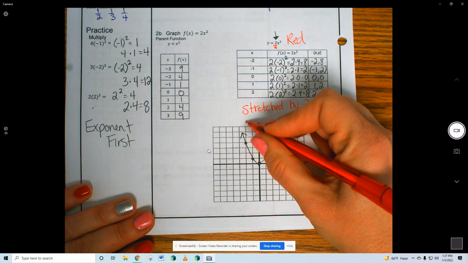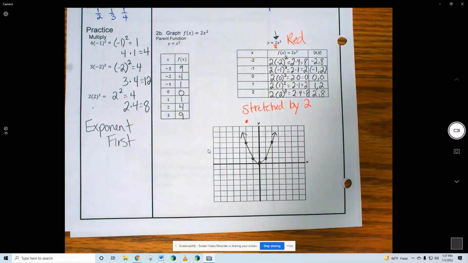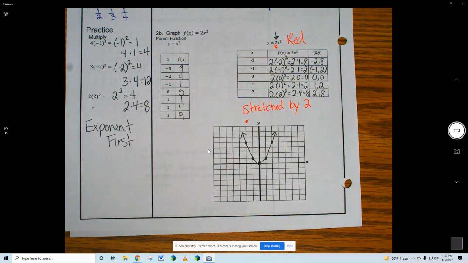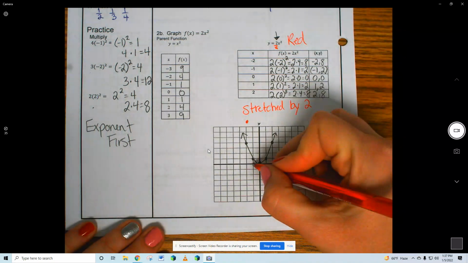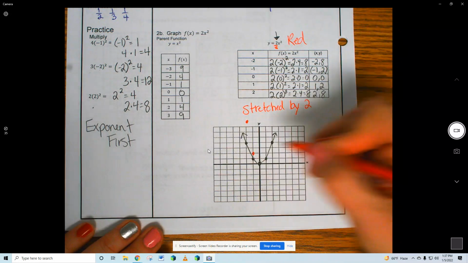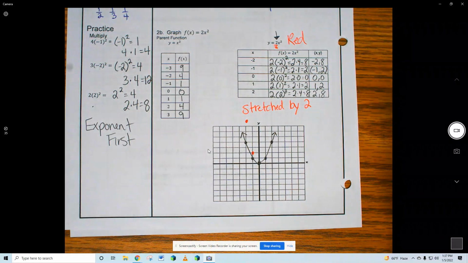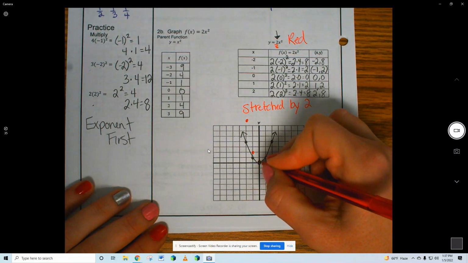You can go off the graph. It's fine. Negative 1 comma 2. Zero comma 0.